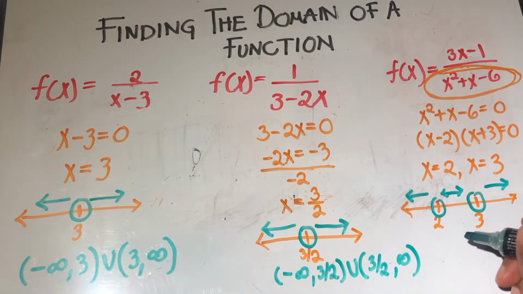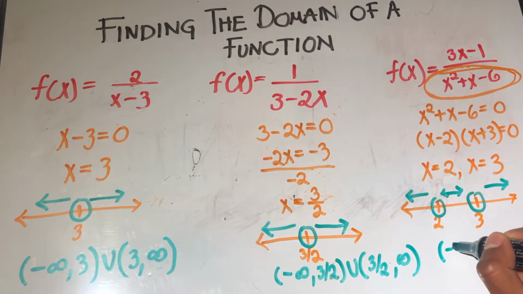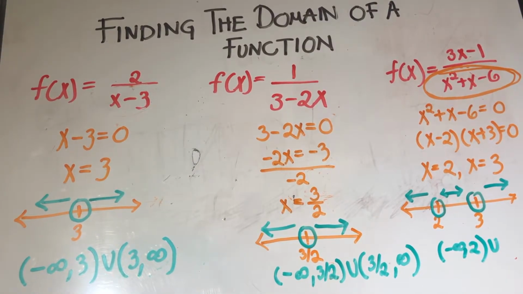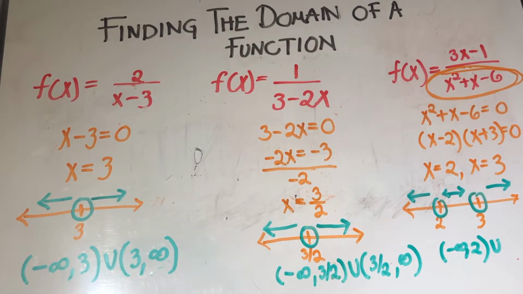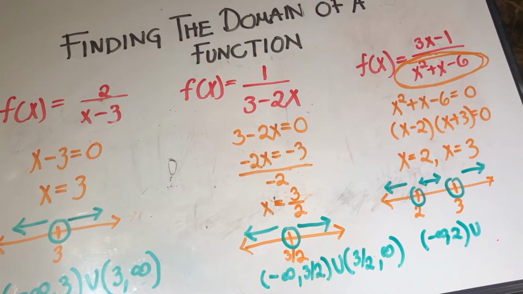And in interval notation, this is going to be negative infinity to 2 union, I'm running out of space here, so let me try to move the camera a little bit. There we go.